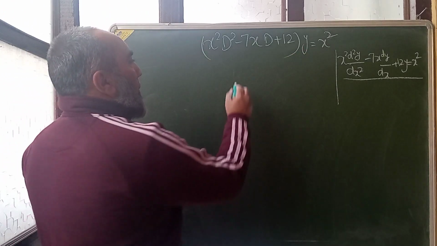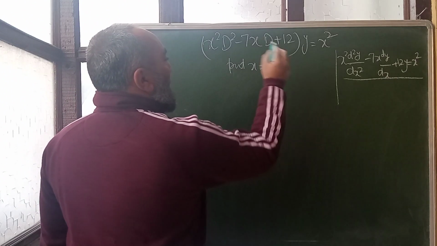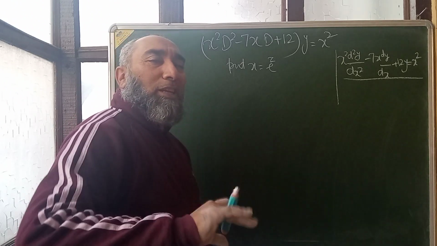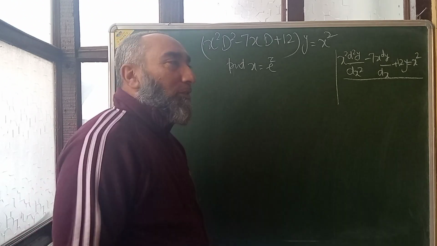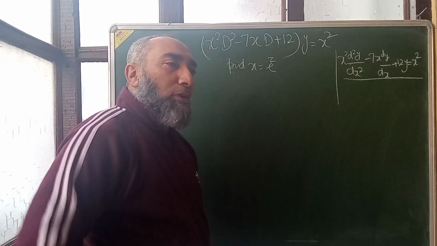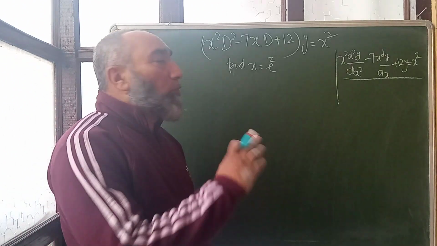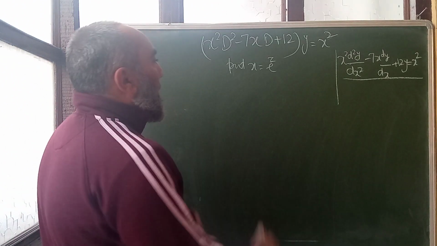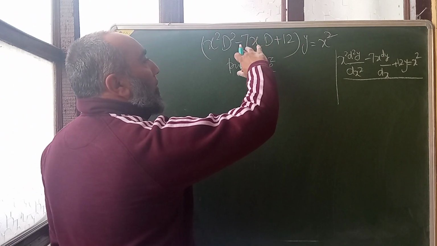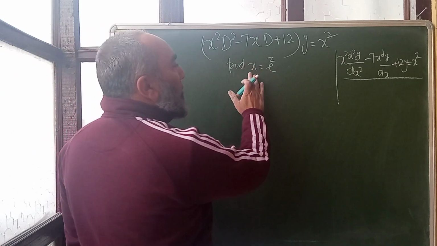Now, put x equal to e to the power z. Now I should get only one question: why do we put x equal to e raised power z? This is a problem for you. You will have to answer this, not me. In order to transform a linear differential equation with variable coefficient, let me put x equal to e raised power z.